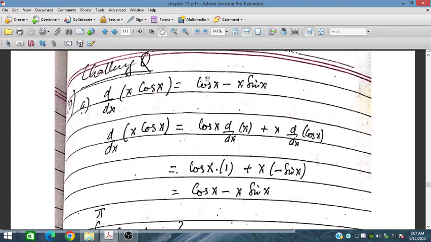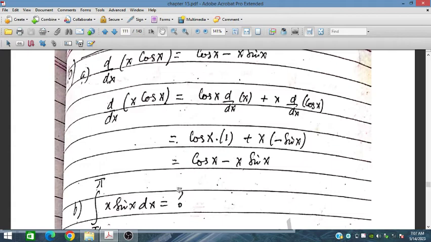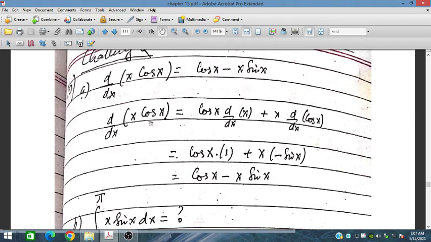So this cos x would be sin x. So this sin x will appear here. So on integrating this, x cos x minus this x sin x. So x sin x is basically this one. So on integrating this part, we'll take the integrals here, because this dy by dx will come here.